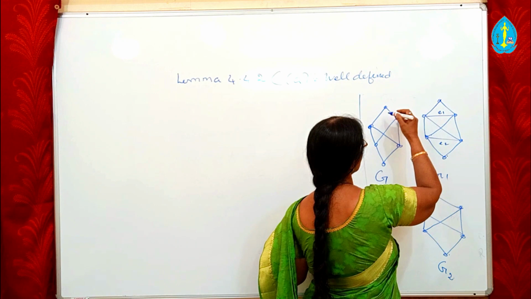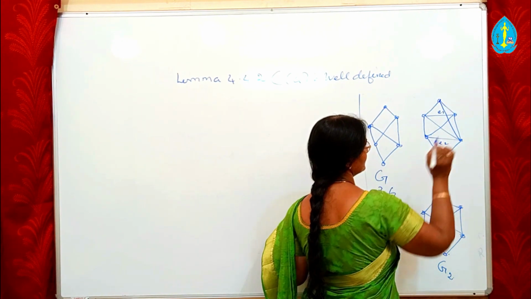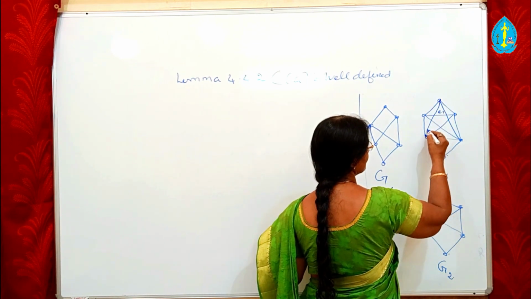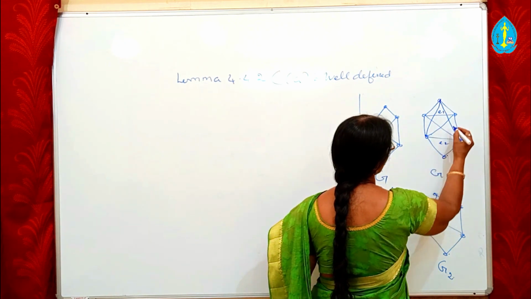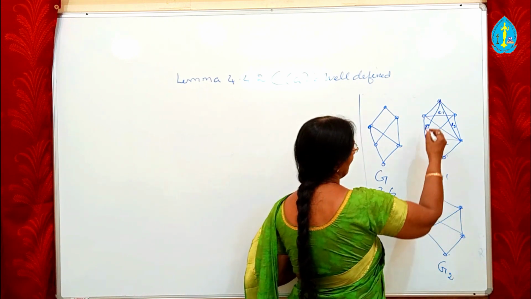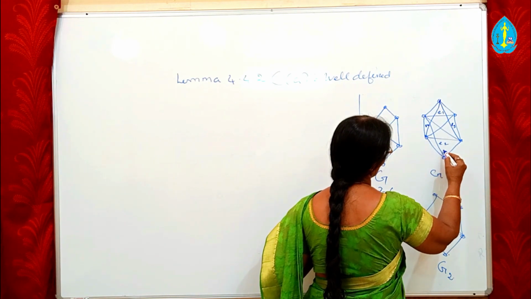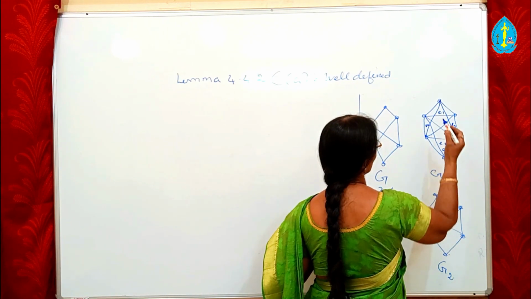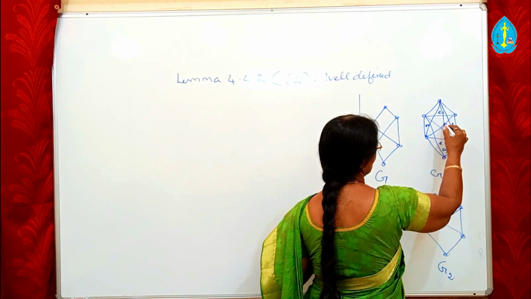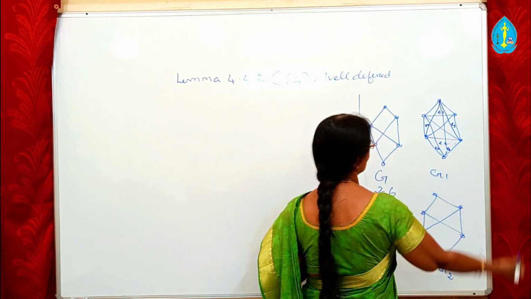And this is 4. 4 plus 2 is 6, so we can join this edge. And 4 plus 3 is 7, we can join this edge. So E1, E2, E3, this is E4, and 4 plus 2, 6, that is E5, and 4 plus 3, 7, E6.